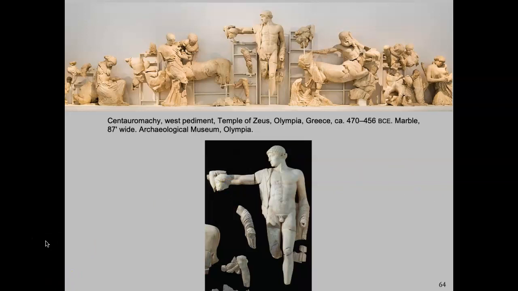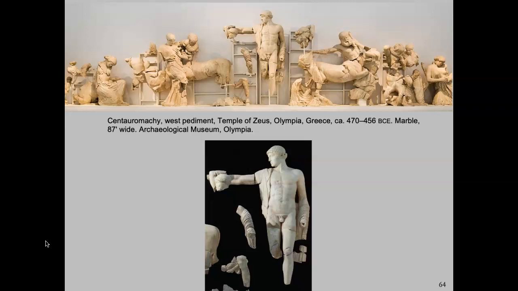The story that is presented is from Greek mythology, and it is the conflict between the Lapiths and the Centaurs. And the Centaurs are half human, half horse creatures, and the Lapiths are a Greek clan.